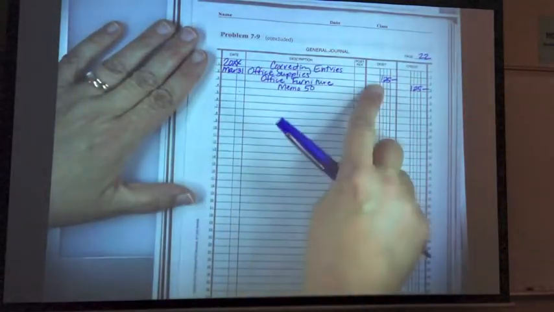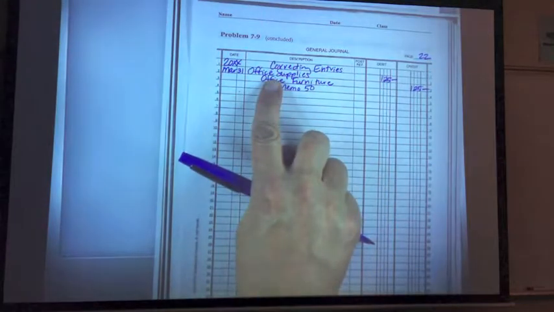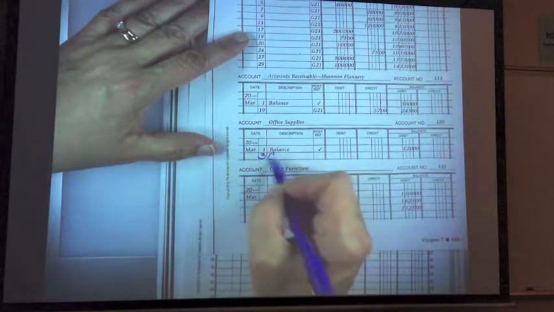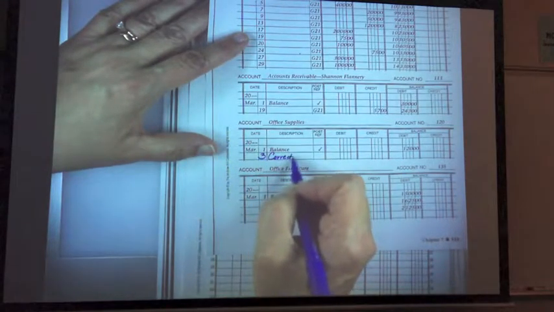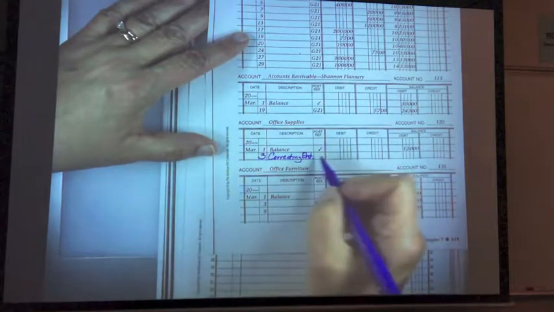Since we put an entry in here, we actually have to post them. So I'm going to go to office supplies here. And on office supplies, I'm going to write March 31st, and this time I'm going to write correcting entries because it is an odd little entry. And we're going to say that it comes from G22 right up here.